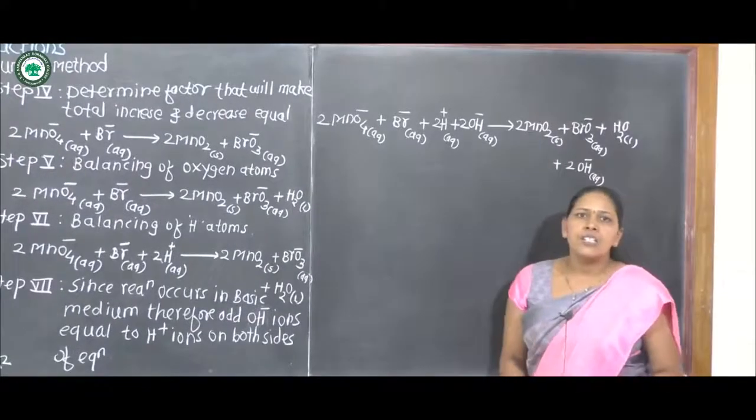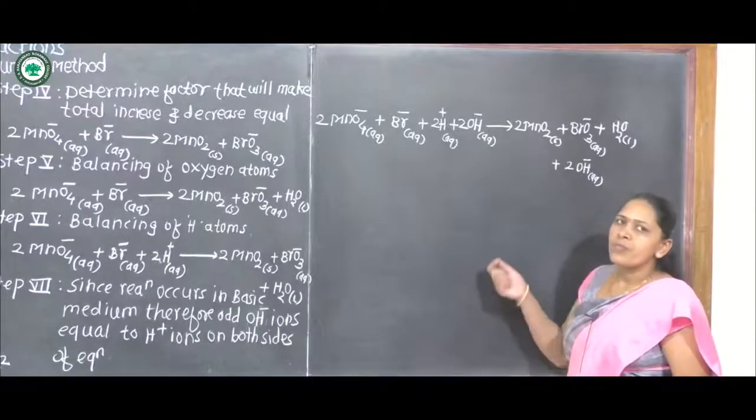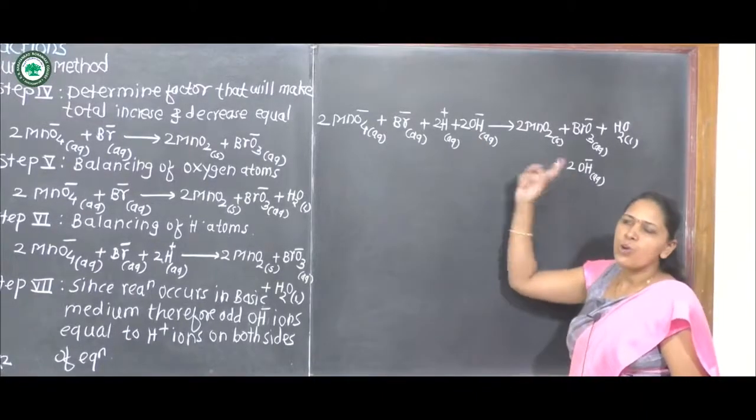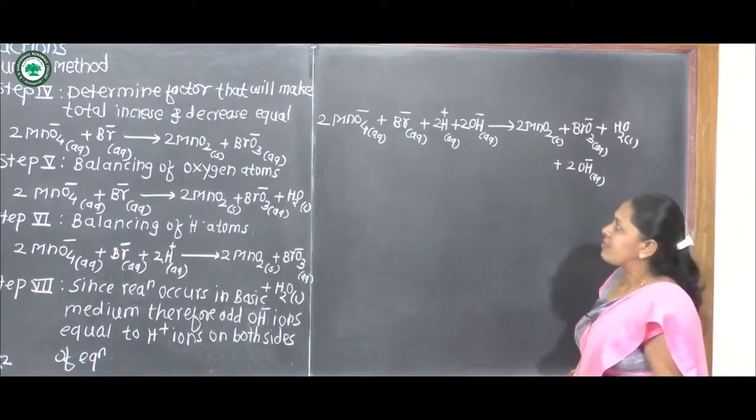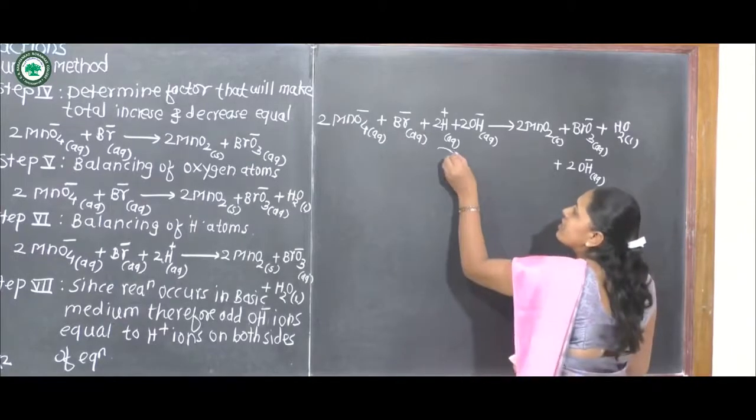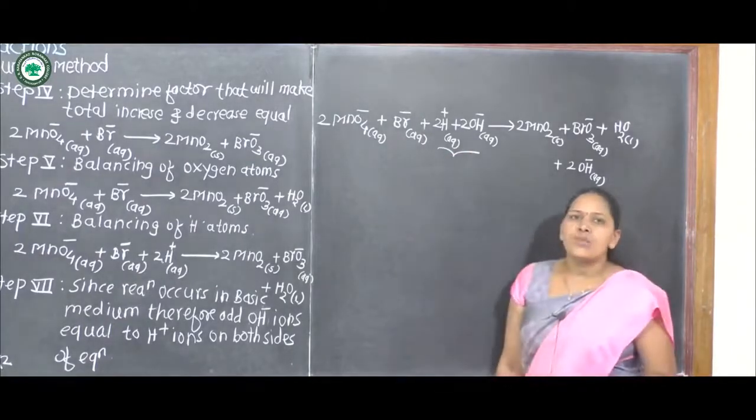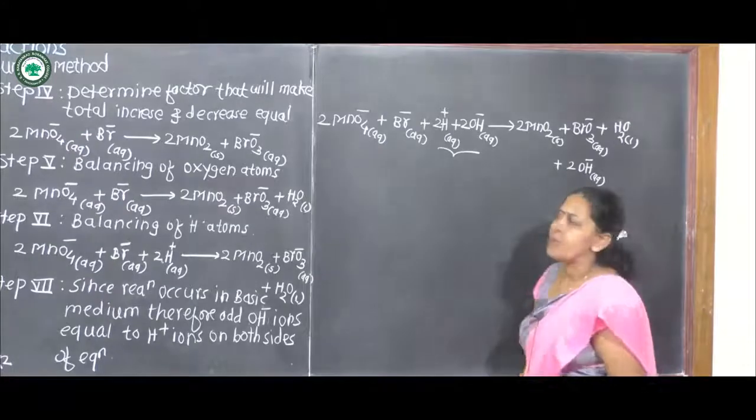Because the reaction occurs in basic medium, we have to add 2 OH⁻ on both sides of the equation. Then this 2H⁺ and 2OH⁻ is nothing but 2 water molecules.